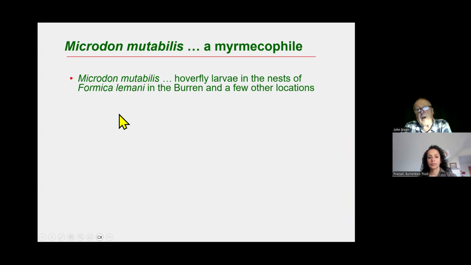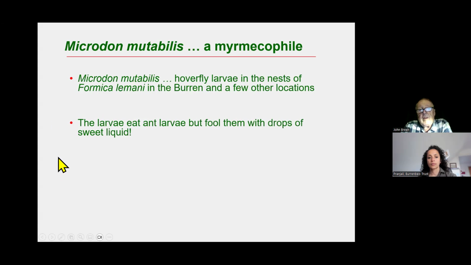And it's not common outside of Ireland, but for example, I saw it in Tipperary many years ago. Basically, the larvae, we'll show you what they look like in a moment because they're quite distinctive. They eat ant larvae, but they produce drops of sweet stuff and the ants fall for it. So it's a drop of sweet liquid.